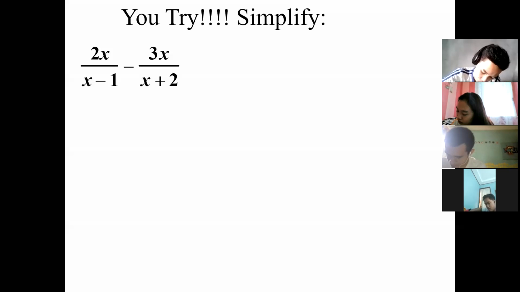Do you have an answer? I think the others are still bowing, so you are still solving.